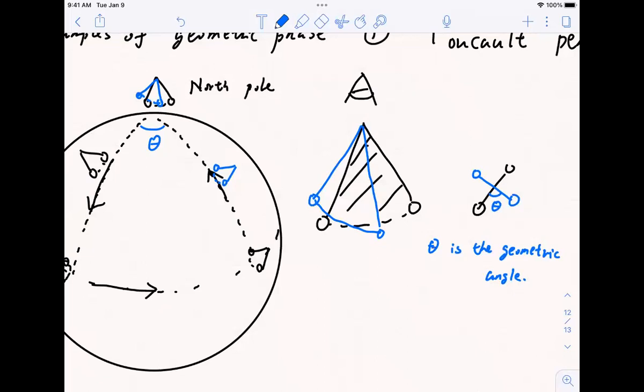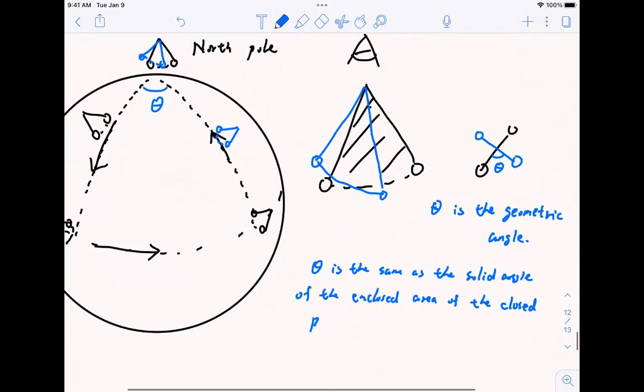So you pick up some rotation. When you have a rotation, you have a phase, right? You pick up this, and you'll find that this angle is the same as the solid angle of the enclosed area of the closed path.